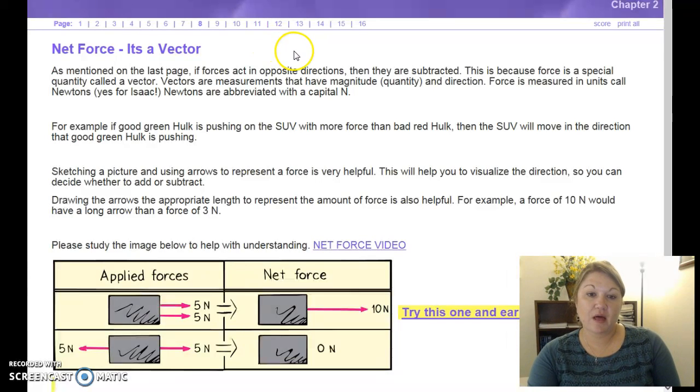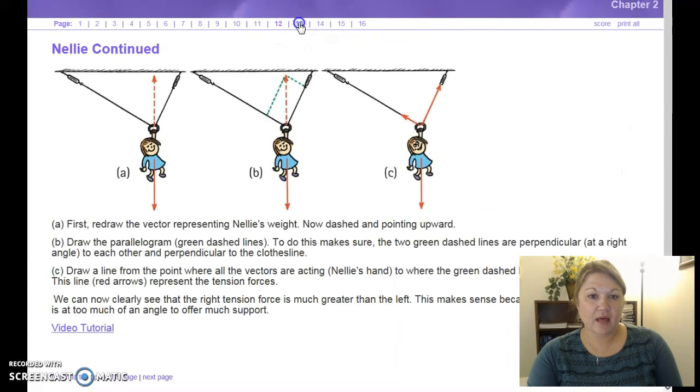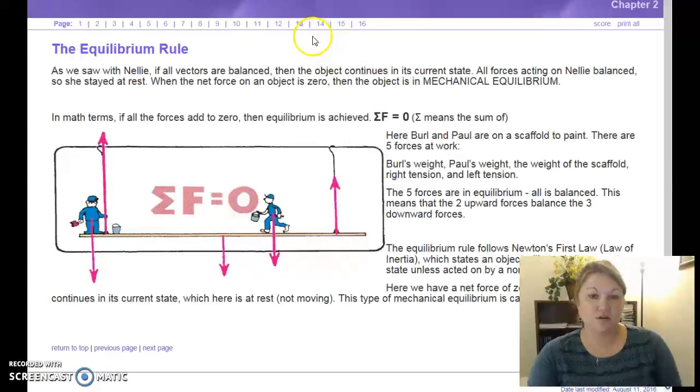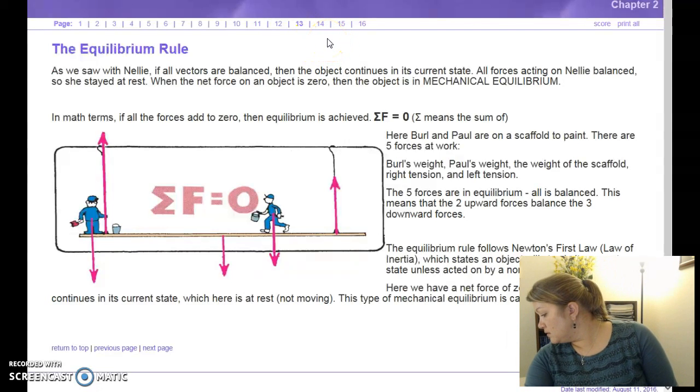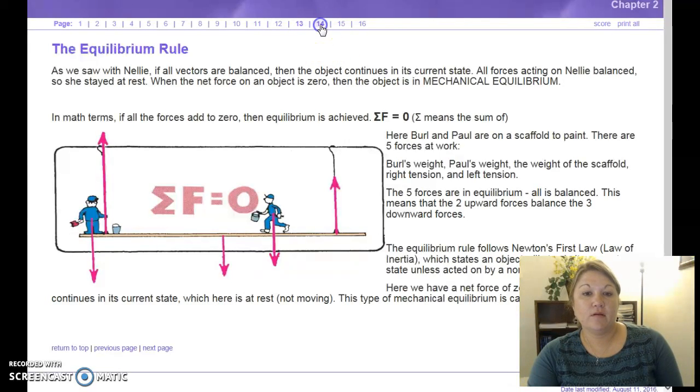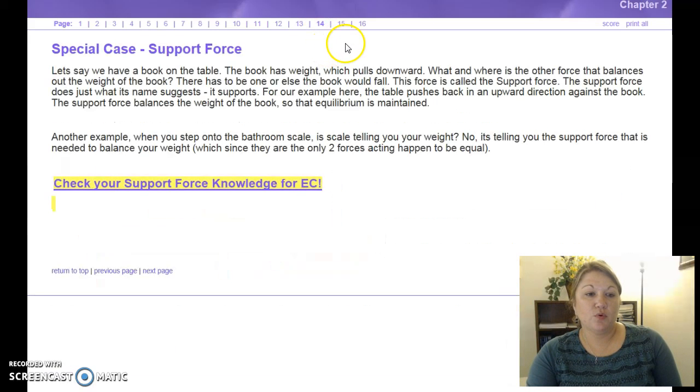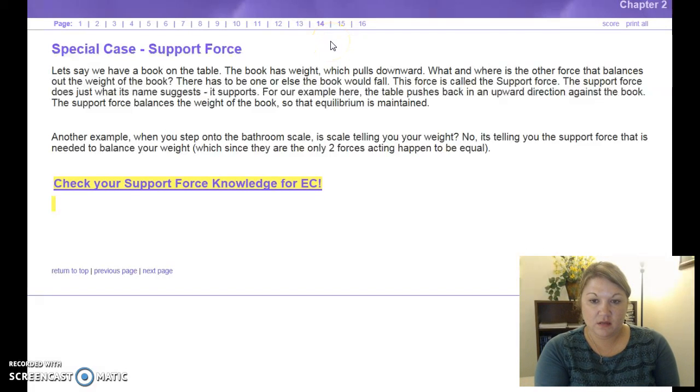Okay, we also talk about what's called a support force. Okay, have you ever been curious about, let me find it for you, there's our equilibrium rule on slide 13. Okay, so here we go, support force. Okay, so we know forces have got to balance each other to keep an object staying in its current state. So say you got a book on the table. Right?